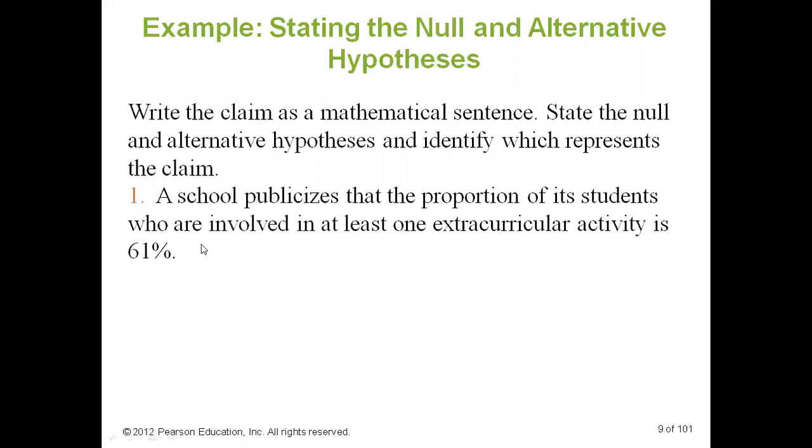Here the school publicizes that the proportion of its students who are involved in at least one extracurricular activity is 61%. So this represents an equality statement, and this statement will be written under the null hypothesis.